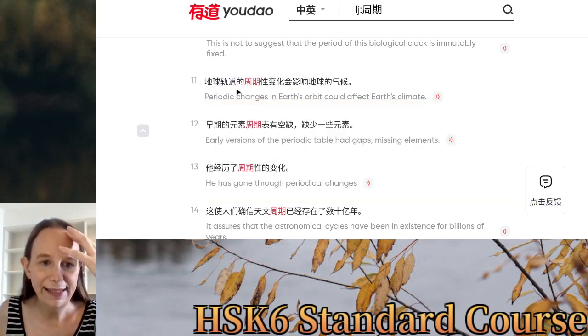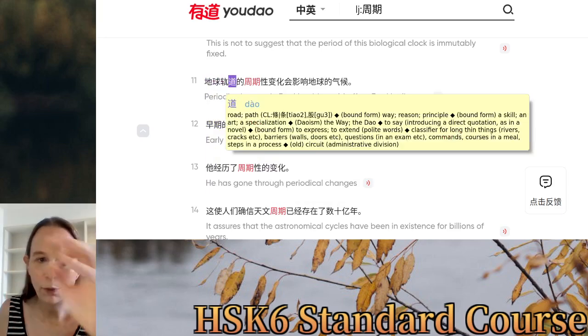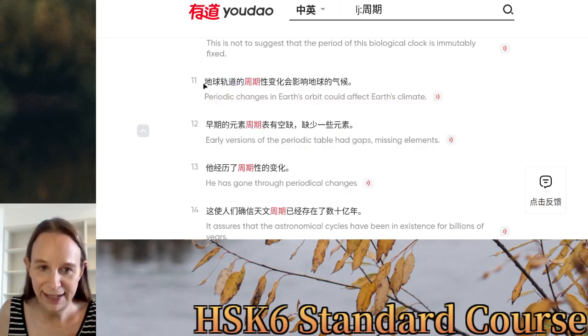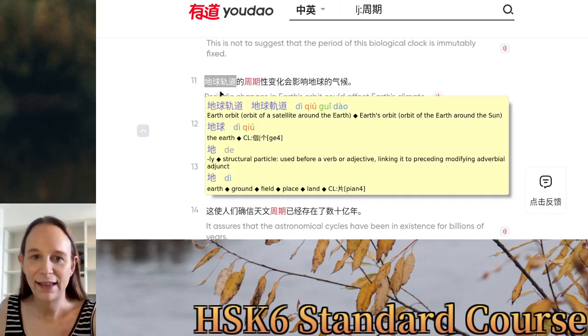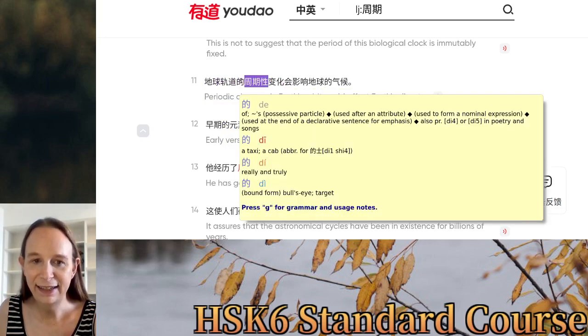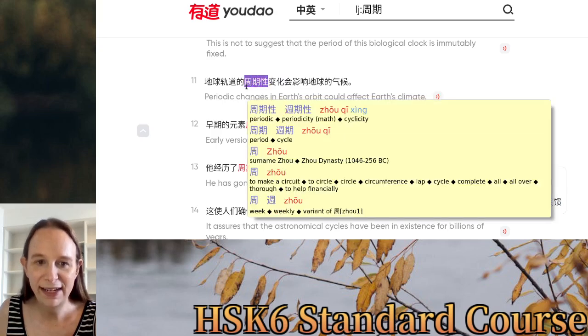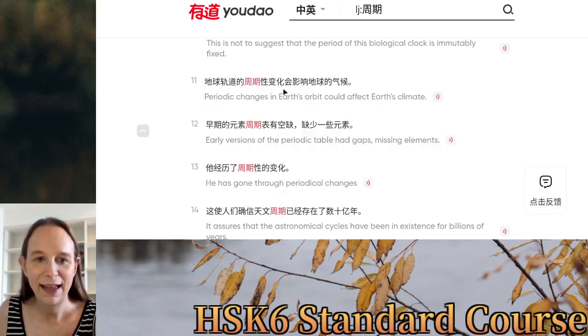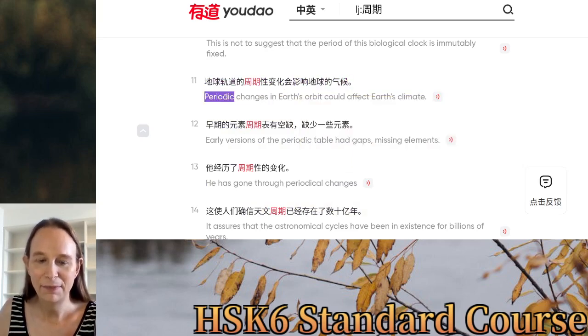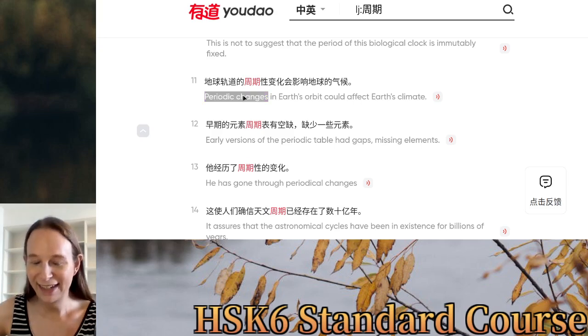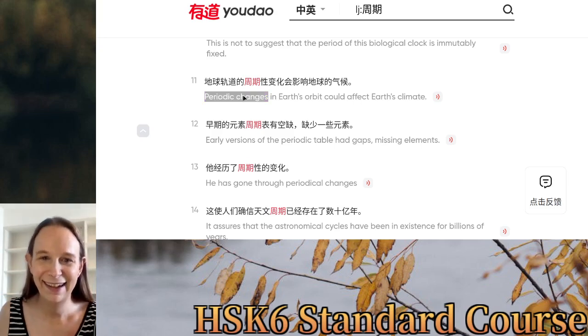地球轨道的周期性变化会影响地球的气候. So Earth's orbit, 轨道 is orbit in this context. So the changes in periodicity of Earth's orbit affects the Earth's climate. No, it's not periodic changes, it's changes in periodicity.